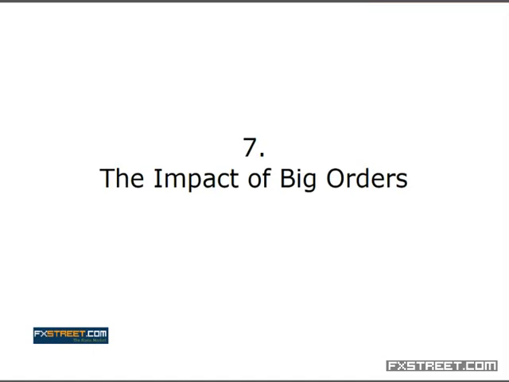Liquidity is something like volume that is fluctuating. There are moments of high liquidity, moments of low liquidity, and the impact of orders, especially big orders, is something that we constantly see in our price chart, right?